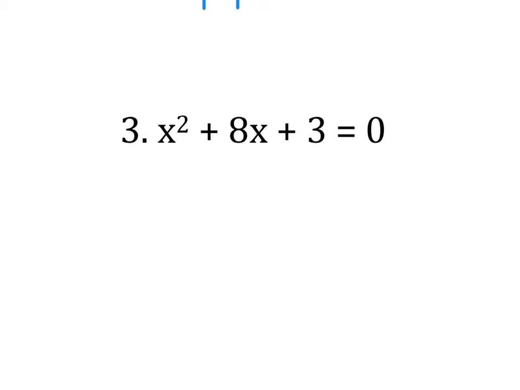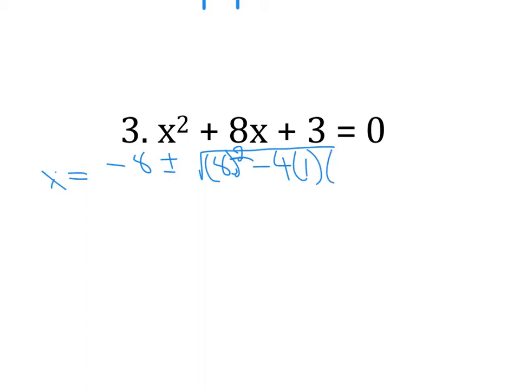So then we get x equals negative b, so in this case negative 8, plus or minus the square root of b squared, which is 8 squared, minus 4 times a, which is 1, times c, which is 3, all over 2a, which again is 2 times 1.